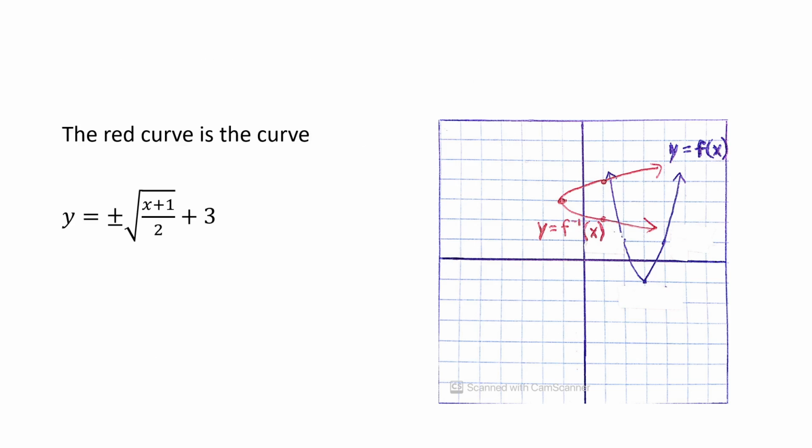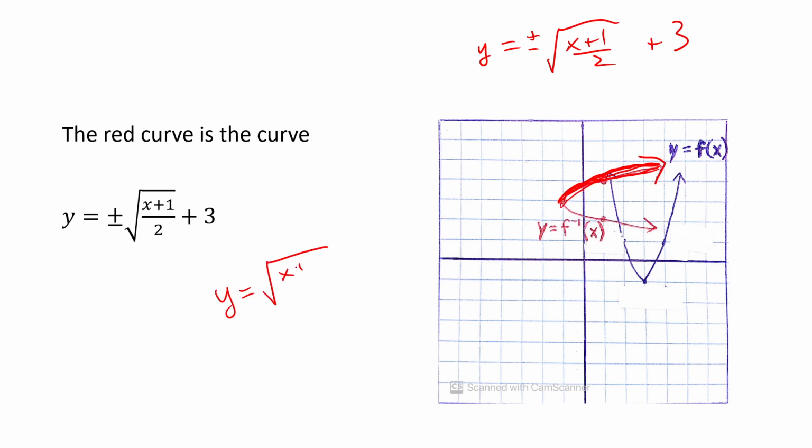Now, the red curve is the curve y equals plus or minus square root of (x + 1)/2, plus 3. That's what that two-armed red curve parabola is. Well, what's kind of interesting is if you focus only on the top arm, the one that I'm highlighting right here, that is y equals positive square root of (x + 1)/2, plus 3.